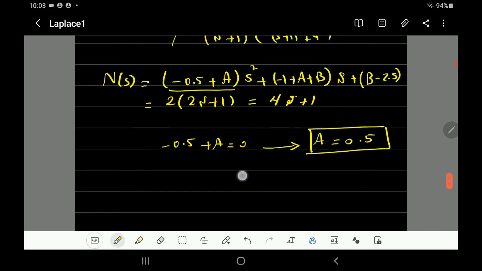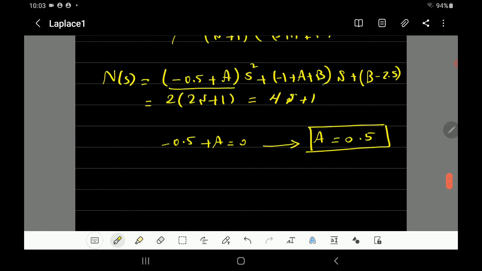You have now the coefficient of s, and the other coefficient, the constant one. So you can use any one of these expressions. I will choose the easy one: b minus 2.5 should be equal to the constant in the original numerator. Accordingly, b will be equal to 4.5.